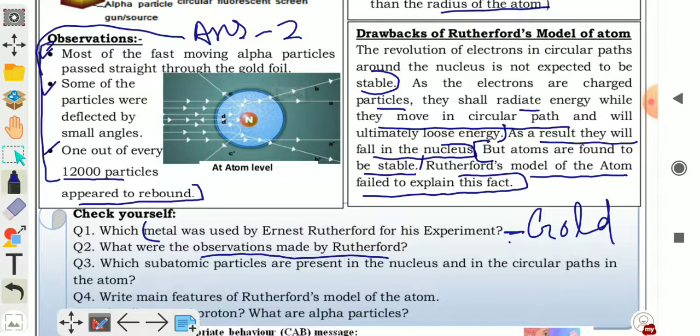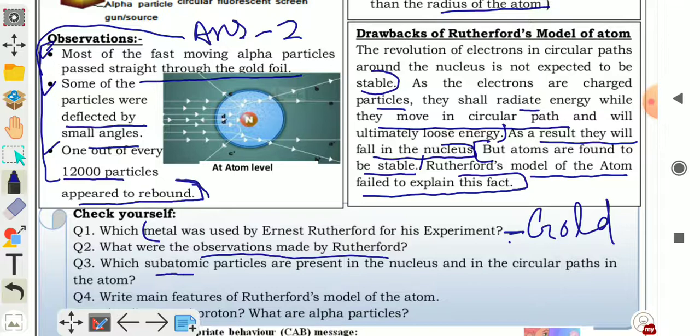First observation was, most of the fast moving alpha particles pass straight through the gold foil. Some of the particles were deflected by small angles, and one out of every 12,000 particles appeared to rebound. These were the observations made by Rutherford.